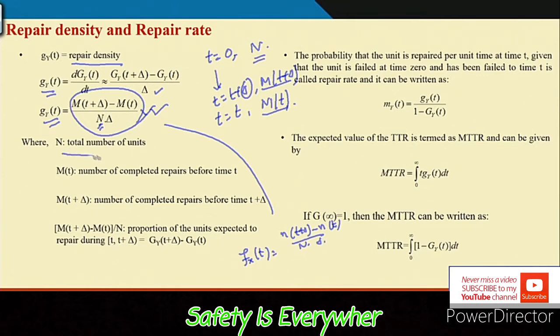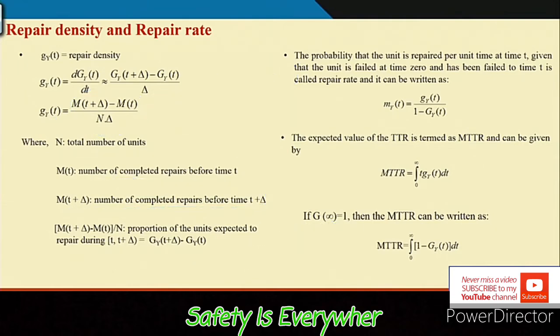So, N is the total number of units, M(t) is the number of completed repairs before time t plus delta, and the difference divided by N is the proportion of units expected to be repaired within this time. In other words, when we go in terms of probability, we say the probability that the failed component will be repaired within this time t. And when you have experimental data, we compute it in this manner. Okay. So this is basically repair density explained.